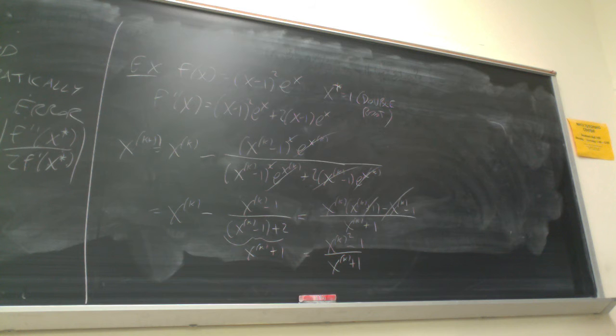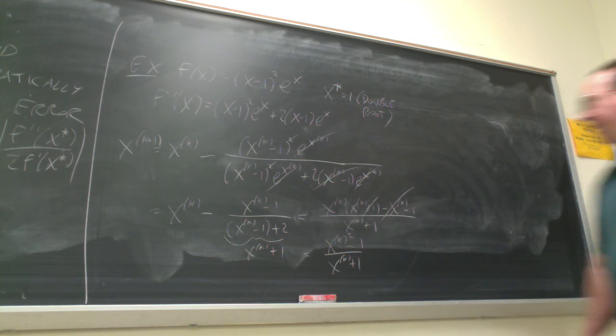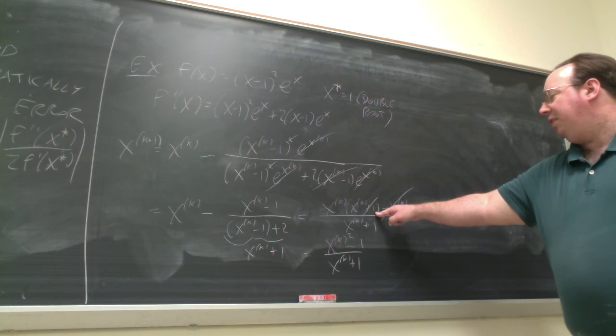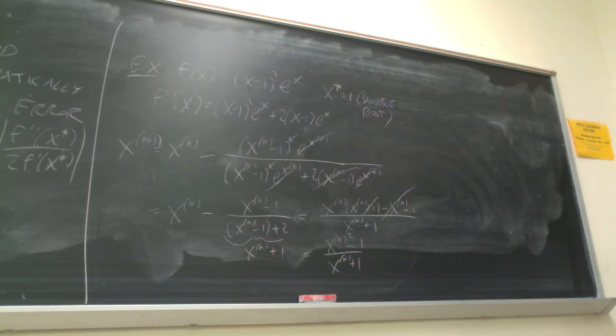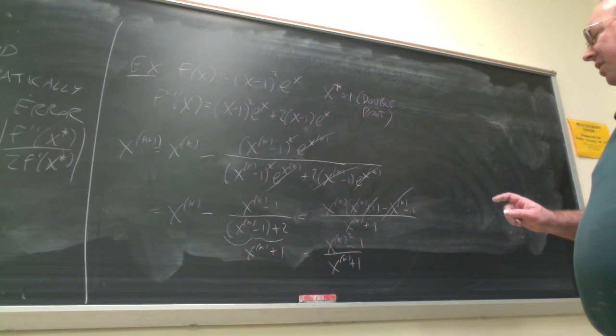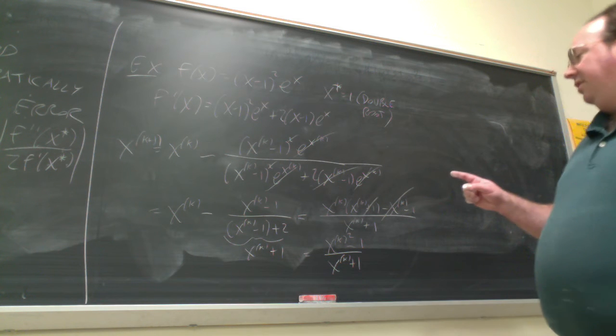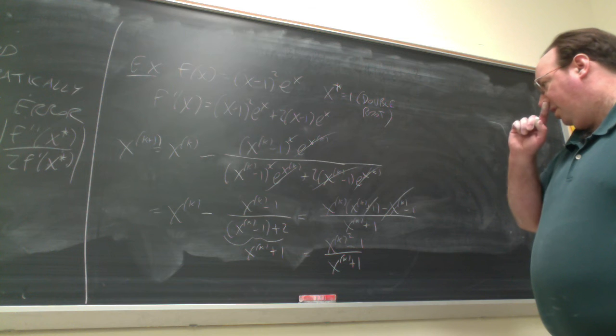I'm not sure if this is working out like I thought. Is that supposed to cancel? The ones, are they supposed to cancel? Since that's being distributed? Yeah. No, because that is being multiplied by that.